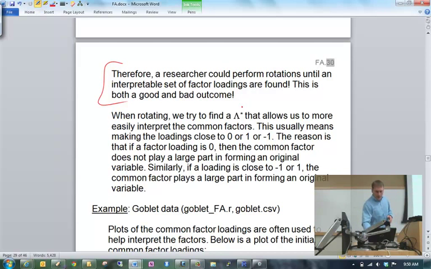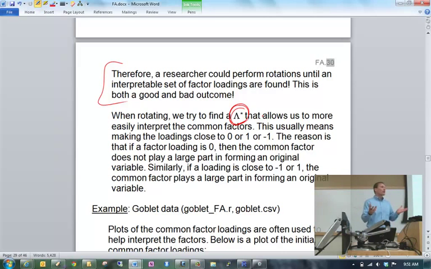The goal, though, is that you want to find a T matrix such that this new factor loading matrix, this lambda star, leads to loadings that are close to 0, close to 1, or close to -1. Why? Well, we've already seen this when we looked at the factor analysis model we had before, where we had a particular factor loading, a particular lambda that was close to 0.